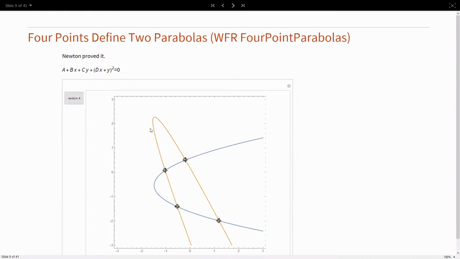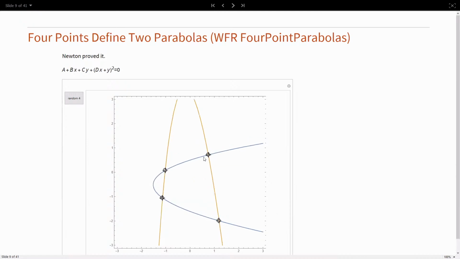And here are 4 points defining 2 parabolas. Pretty much any set of points, you can use those points to define something. And this is one of the problems that Isaac Newton worked on, where he wondered what parabolas would go through a set of 4 points, and he came up with a method for finding these parabolas.